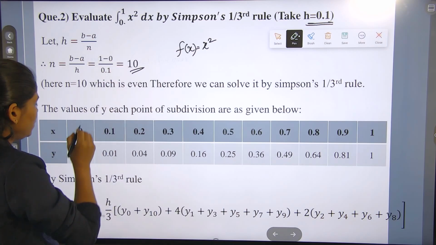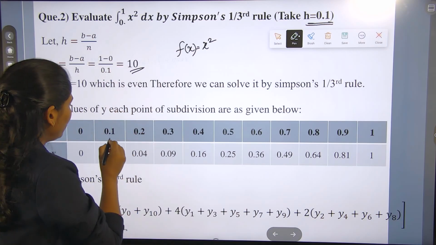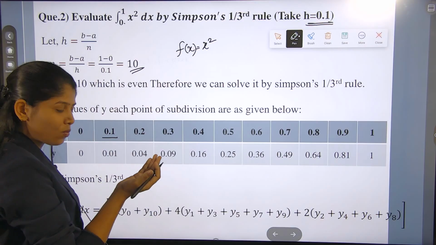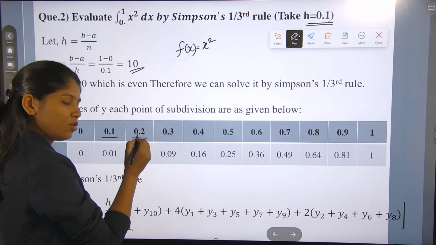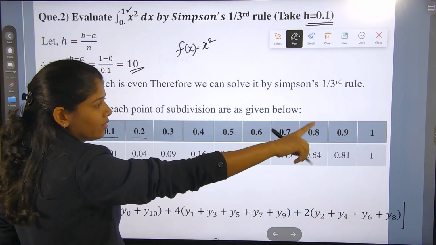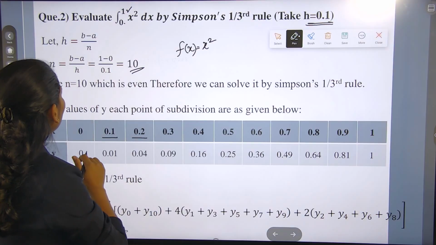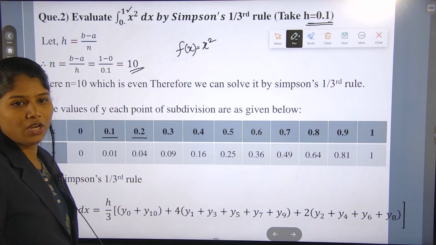So the first value is 0, then add 0.1 to that. So we get 0.1, again add 0.1, we get 0.2, going up to the upper limit 1. We get here 10 subintervals. Then find the respective values of y.